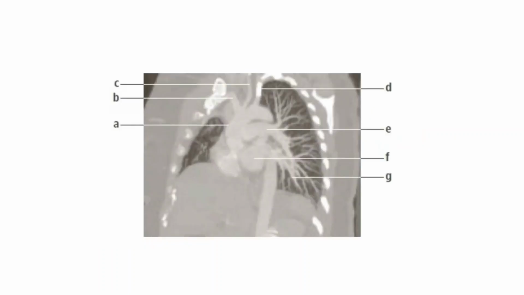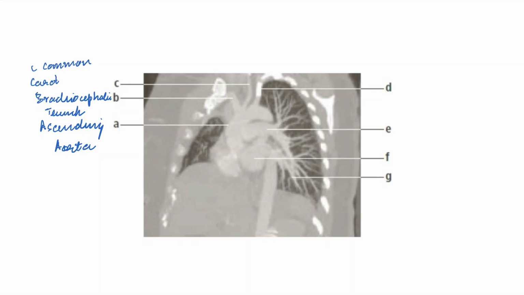Now let us mark the structures in this CT angiogram. A is ascending aorta. B is brachiocephalic trunk. C is left common carotid artery. D is left subclavian artery.